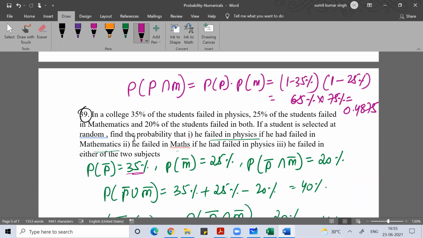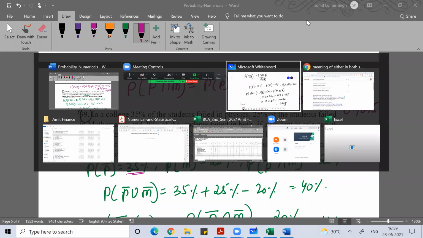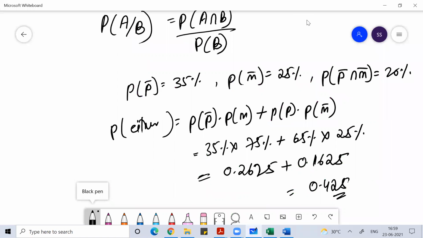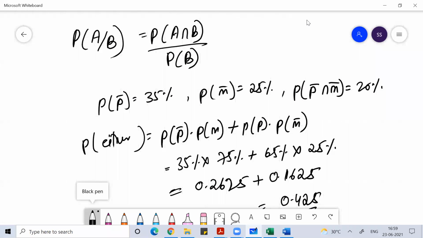One minute, guys. Yeah, I checked the meaning of the word either. So here either means that if two subjects are there, maths and physics, one person fails in physics and passes in maths, or another person passes in physics and fails in maths.